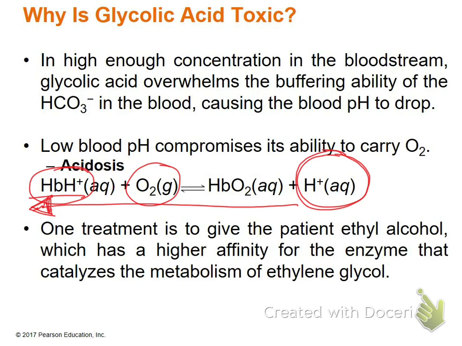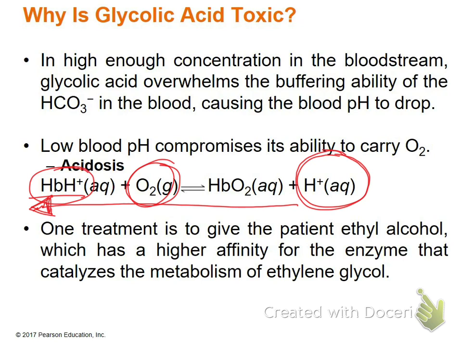So instead of binding to the oxygen, you're favoring the binding of the hemoglobin with the acid. And so that basically results in not binding oxygen. So if the hemoglobin is not binding to the oxygen molecule, then you're not getting any oxygen in your body. Oxygen deficient muscles will not receive the oxygen that they need, and this could lead into coma and even death if not treated properly.